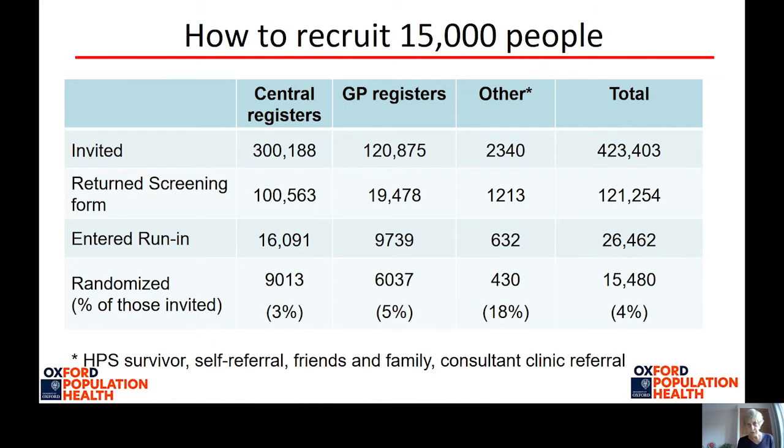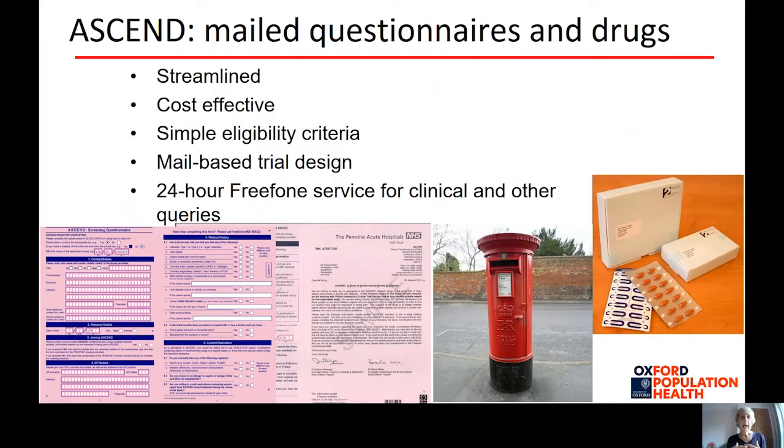About 120,000 people were invited by their GPs through us providing these invitation packages, and about 5% of them ended up being randomized. That accounted for the bulk of our 15,500 patients who ended up being randomized. And essentially the trial was run entirely remotely.